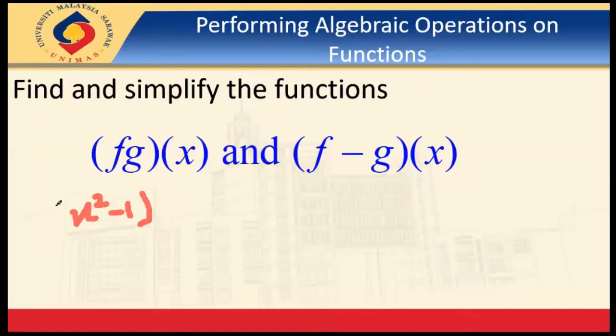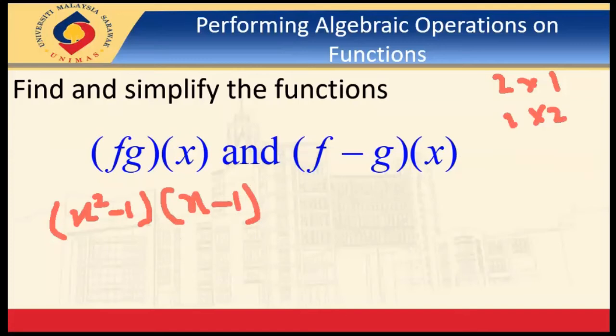In case of multiplication, the order doesn't matter, for example 2 multiply 1 is equal to 1 multiply 2. So you can write g of x multiplied by f of x, or f of x multiplied by g of x, no problem. And f of x is x minus 1. The values are correct.